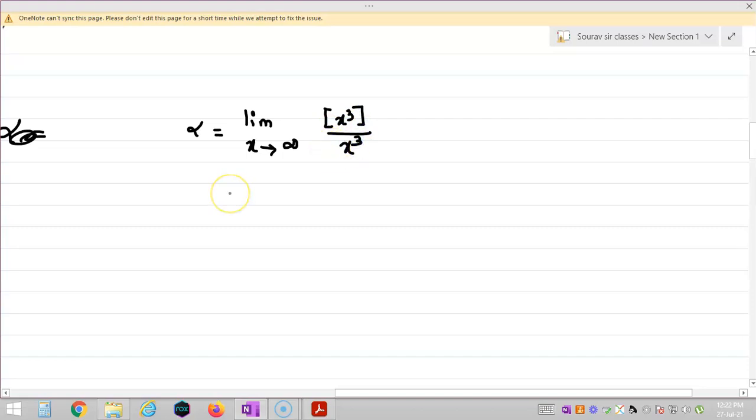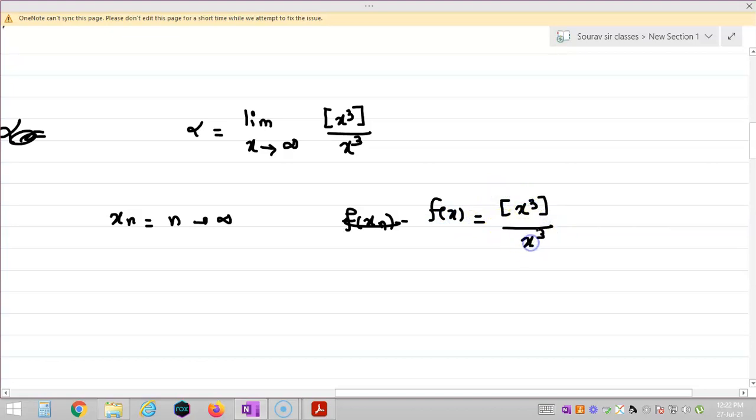For this, I am going to approach infinity by two sequences. First of all, let us choose a sequence xn equal to n. Now as n tends to infinity, I write f of x equal to the greatest integer of x cube by x cube. If xn is equal to n, then f of xn becomes [n cube] by n cube.